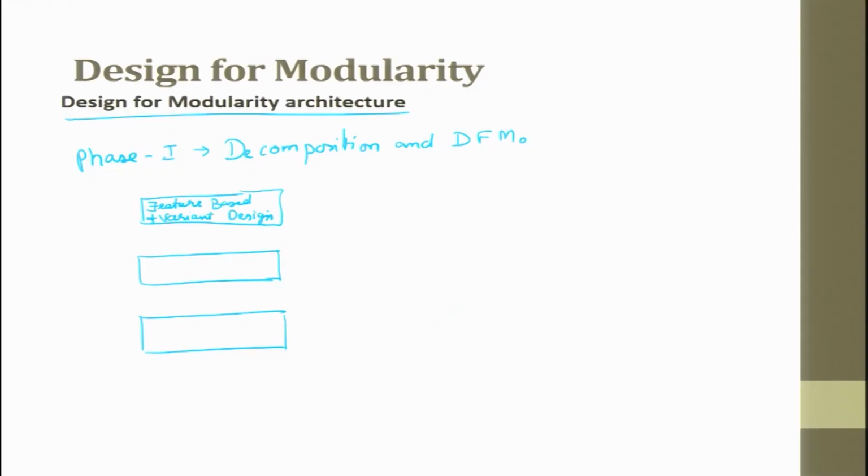Then it will be early cost estimate, a rough estimate, it is not going to be a perfect estimate, and then you have modular design impact analysis.